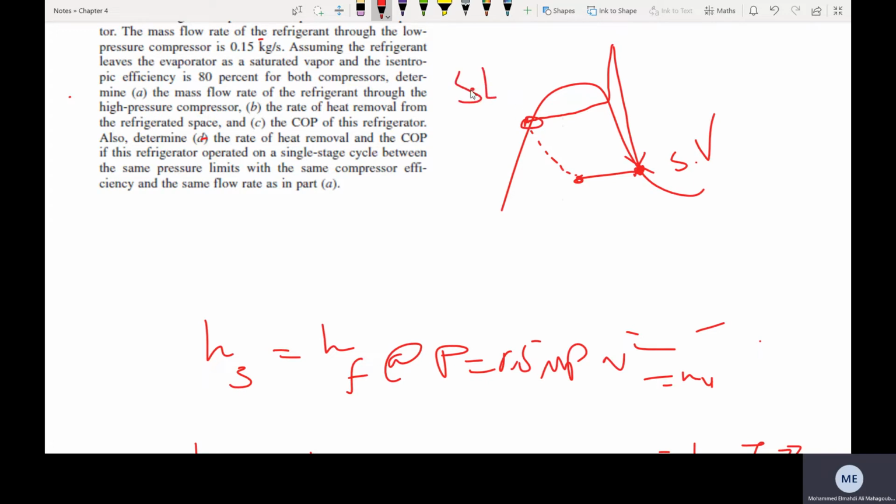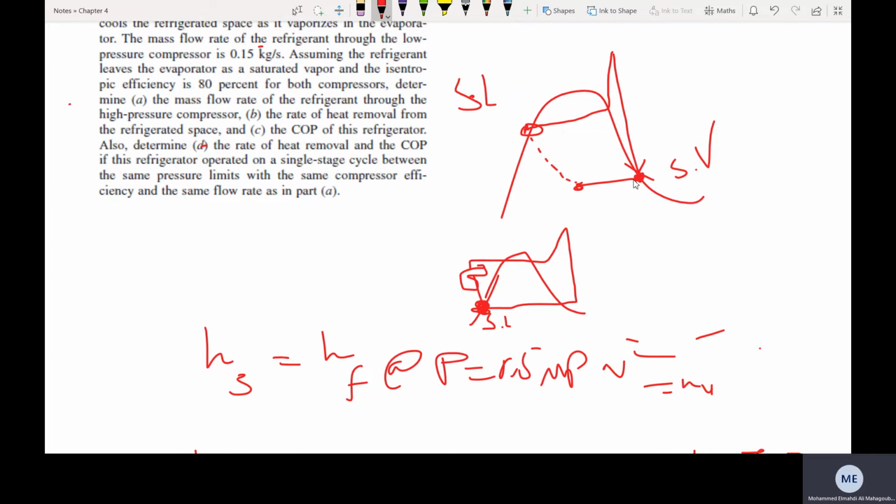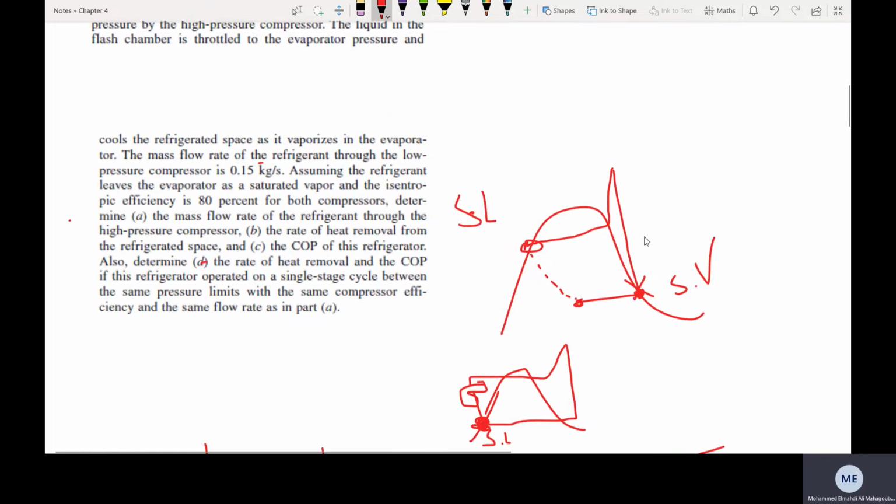Not always, but if you don't have information, just like in the Rankine cycle, where we have the pump here. If you don't have anything about this point, then you assume it's saturated liquid. The same thing goes for refrigeration cycles if there is not enough information.